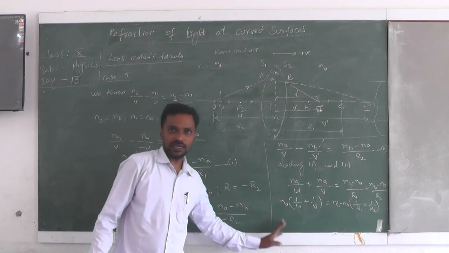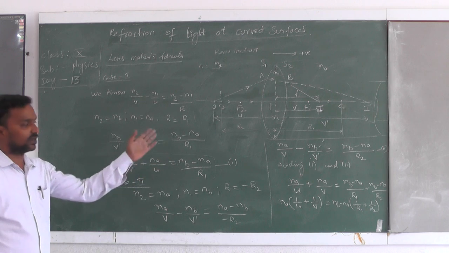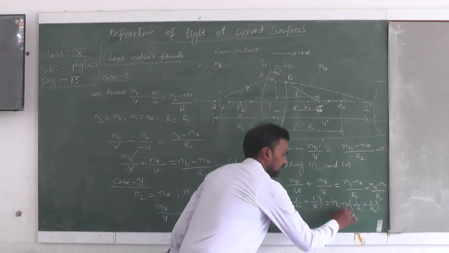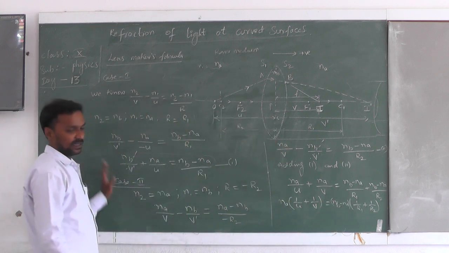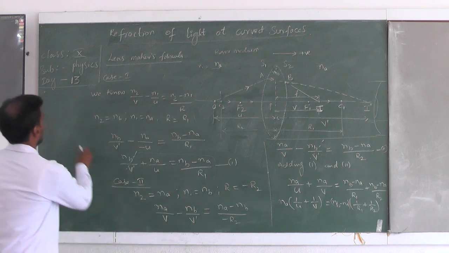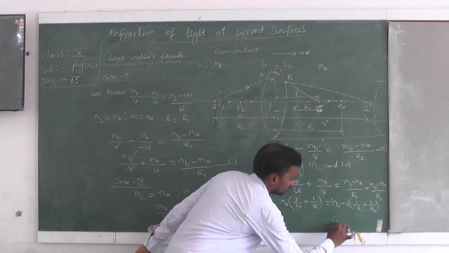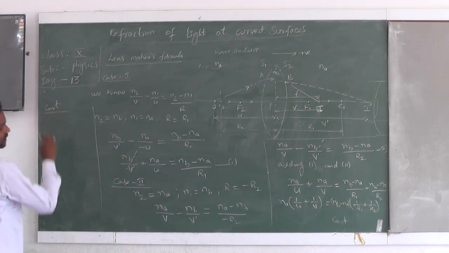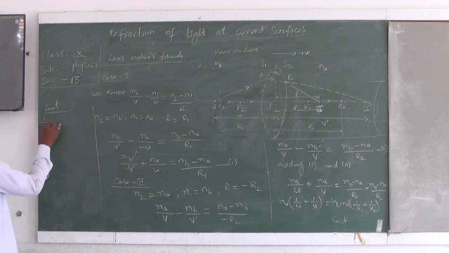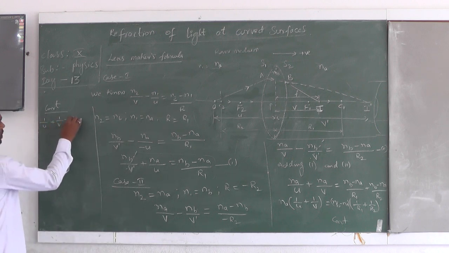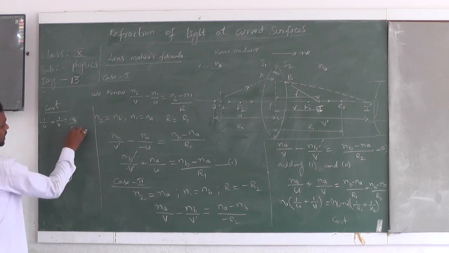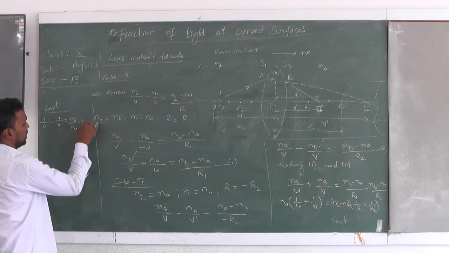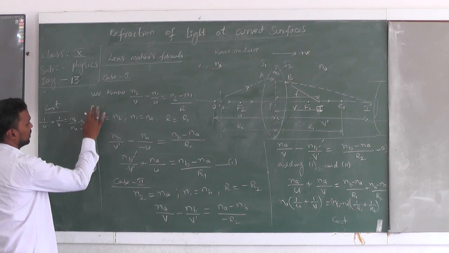Now this NA, if you send it to that side, it becomes the multiplicative inverse. It will be NB by NA minus NA by NA. Completely written, 1 by U plus 1 by V is equal to NB by NA minus NA by NA into 1 by R1 plus 1 by R2.